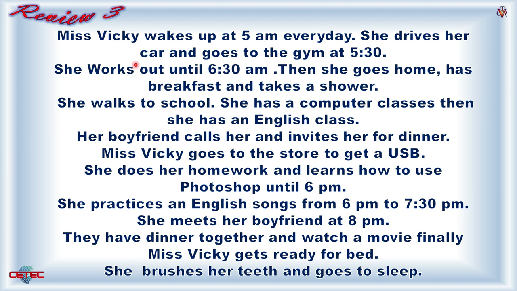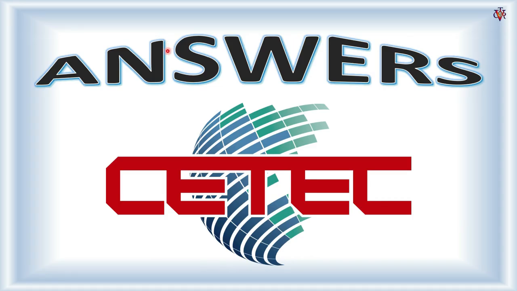Now, in this review, you have to underline the verbs in all this text. Don't forget, try to check the verbs and don't forget the rules. Now, let's check your answers.